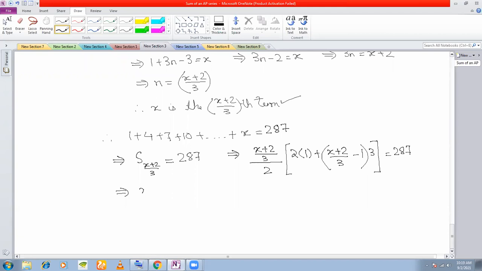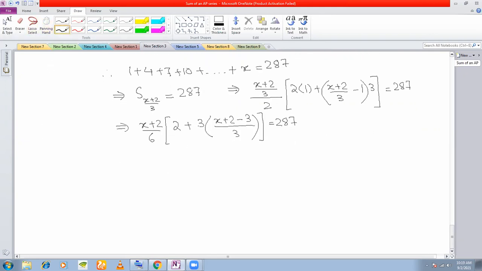That means you get (x plus 2) by 6 into 2 plus, now you take the LCM within this bracket, 3 times (x plus 2 minus 3) divided by 3, is equal to 287. Now see that this 3 and this 3 are going to cancel.